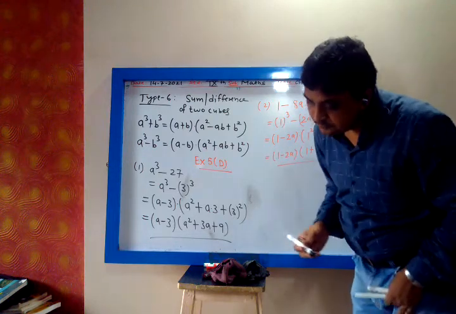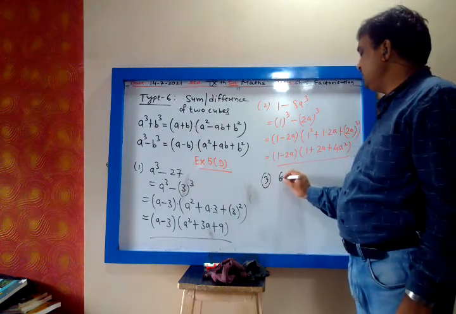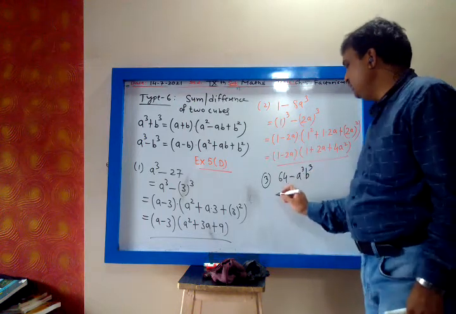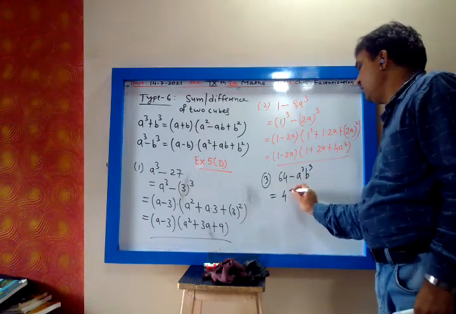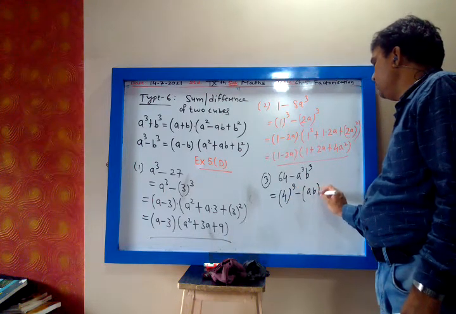Then third, 64 minus a cube b cube. 64 you can write 4 cube, a cube b cube I can write ab whole cube.